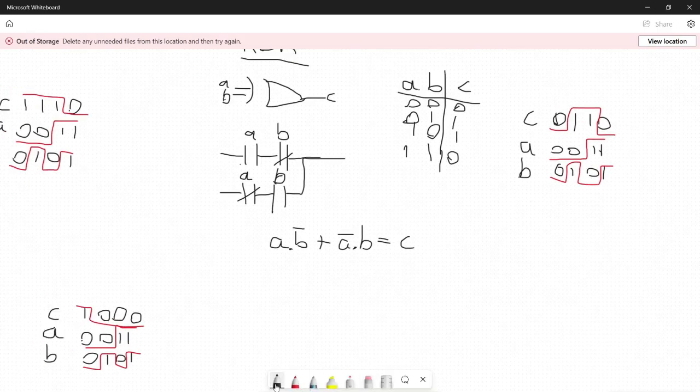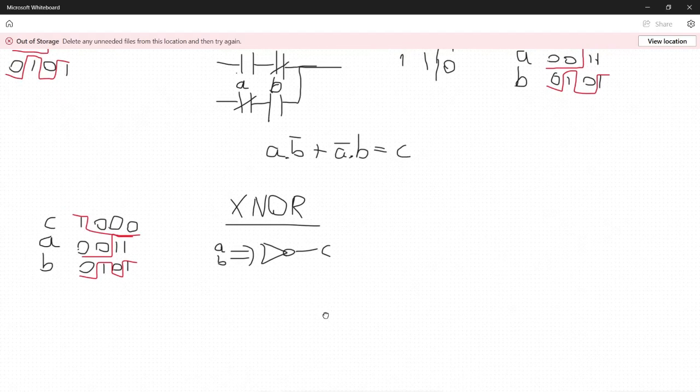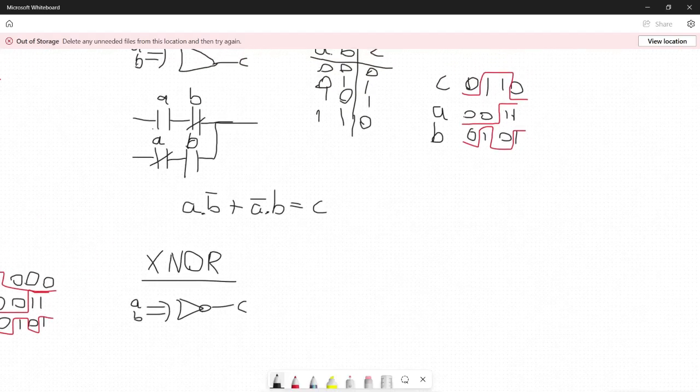Now what we're going to do is go into our exclusive NOR. This is the same symbol as the exclusive OR, but now with the dot, meaning it's inverted. This is A, this is B, this is C. And now let's do this instead of starting with the truth table or anything.